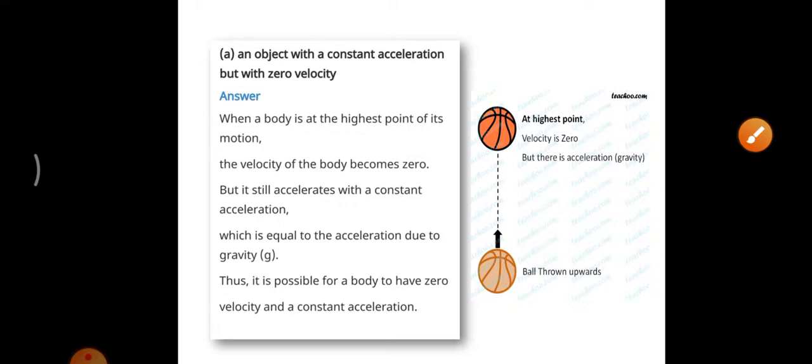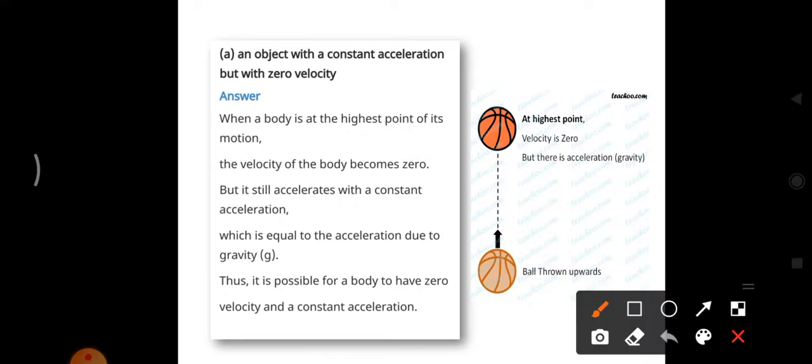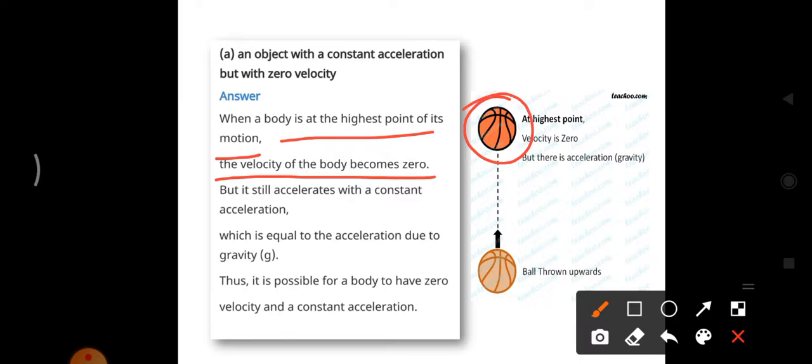An object with a constant acceleration but with zero velocity. It is possible. Where is it possible? When a body is at the highest point of its motion, the velocity of the body becomes zero. So when we throw a ball upward, it reaches a certain height. And at the highest point, the velocity of the object is zero, but it is accelerated.